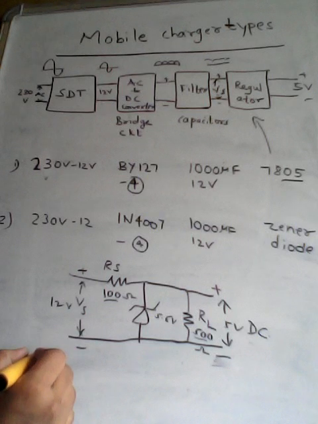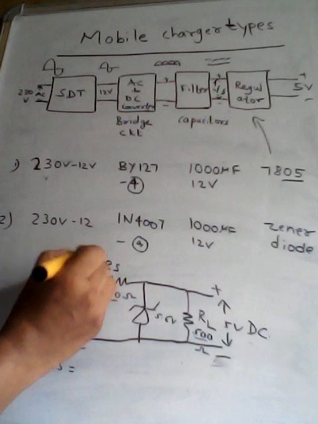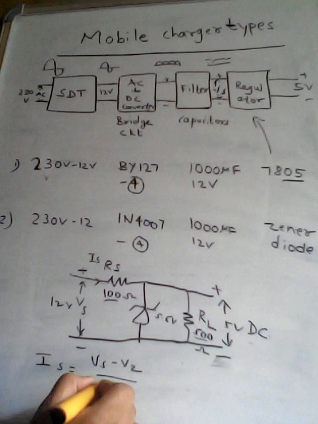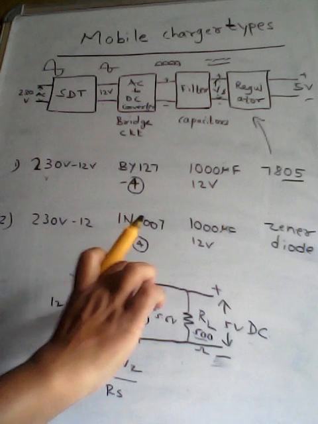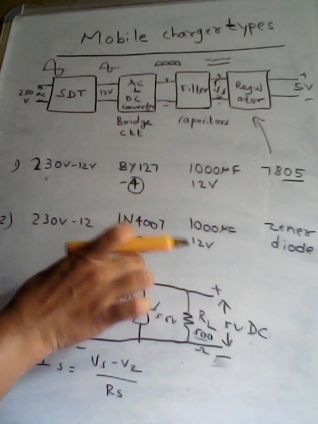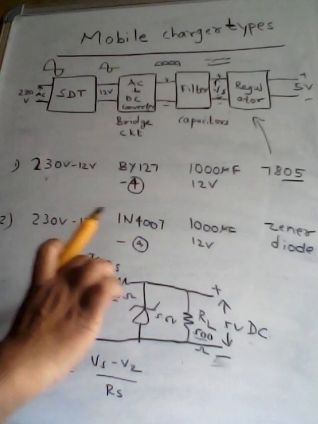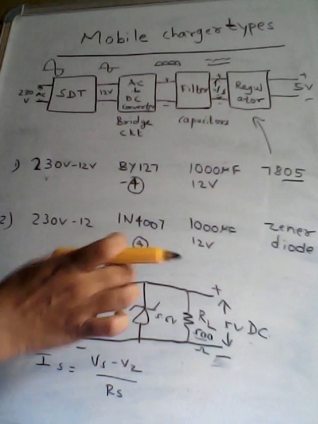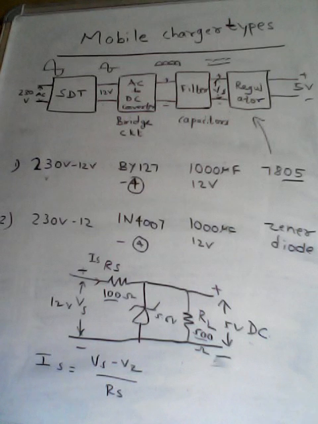And the current IS which is flowing in this RS is given by Vs minus Vz divided by Rs. Vs is this voltage minus Vz is this voltage divided by the resistance Rs. That will give the current flowing through the circuit, because this voltage and this voltage will be the same. This voltage will be equal to summation of the voltage drop across here and the voltage drop here.